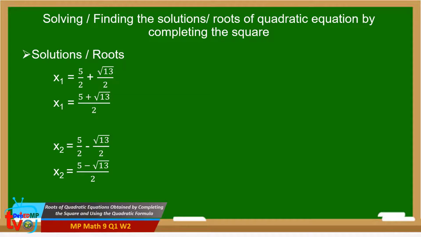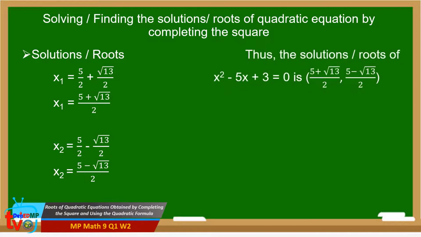The second one is x is equal to 5 minus the square root of 13 all over 2. Therefore, the solutions or roots of the quadratic equation x squared minus 5x plus 3 equal to 0 are 5 plus the square root of 13 all over 2 and 5 minus the square root of 13 all over 2.